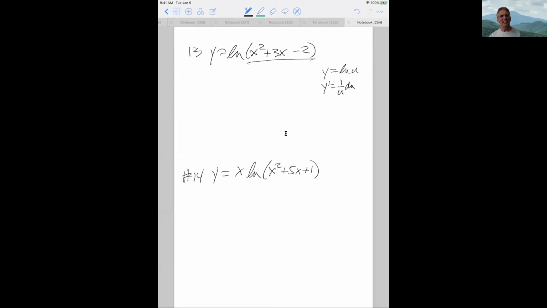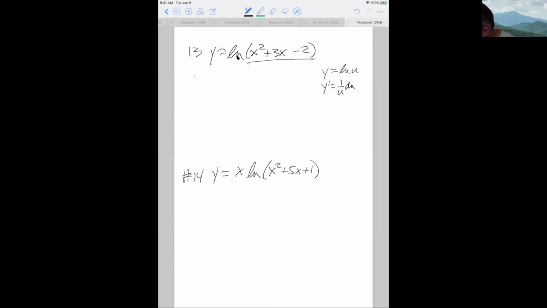Okay? So I just went to the sheet to look at that. But the idea is that this is following the trend of what the natural log function does. It takes x to the denominator. It's 1 over x. Well, that's what this does too. It takes this function to the denominator, and then you take the derivative of the function. And it ends up that derivative is going to go on top.